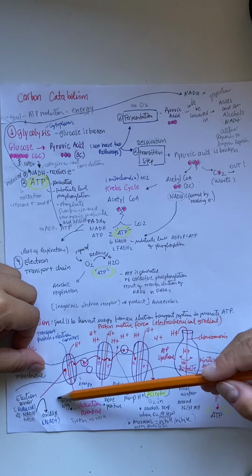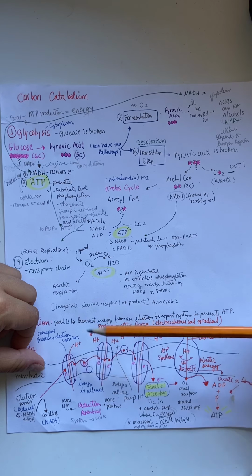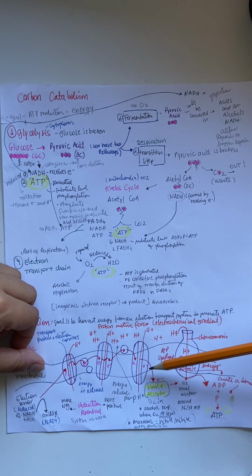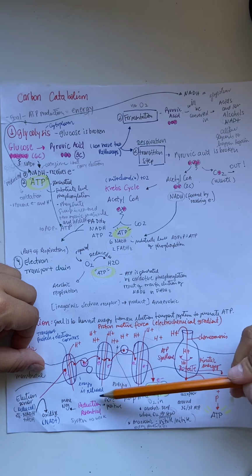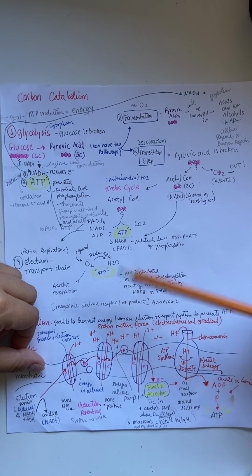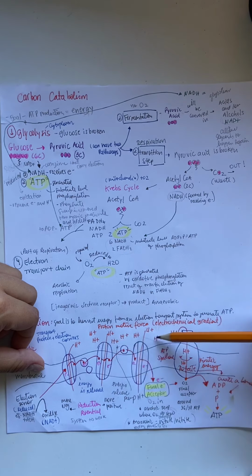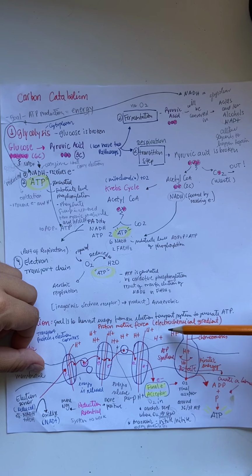The electrons transferred to the transport proteins are going to go across the membrane, and this energy release is going to result in protons crossing through the transport protein, which is going to create an electrochemical gradient and also change the pH on the outside and inside of the membrane, because the side with a lot of protons will become more acidic.